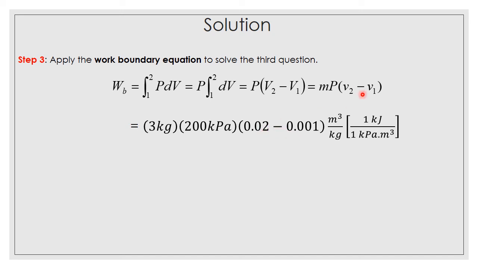Knowing that V2 equals V3, because it is constant volume from 2 to 3, we use the same value of the specific volume. We managed to get the boundary work of 11.4 kilojoule.